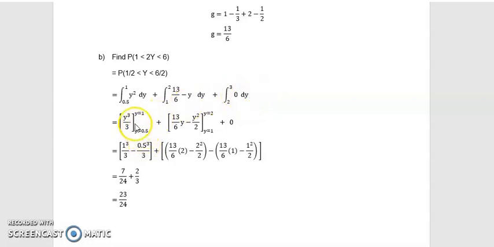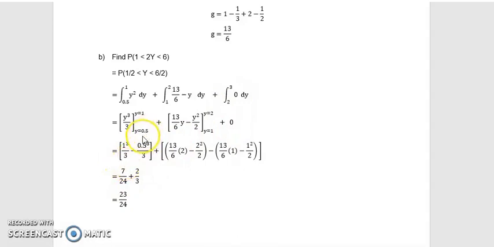Then integrate as usual. Y squared, we get y to the power of 3 over 3, plus 13 over 6 minus y, we will get 13 over 6 y minus y squared over 2, plus 0. So integrating this one without any variable of y, you will get 0.